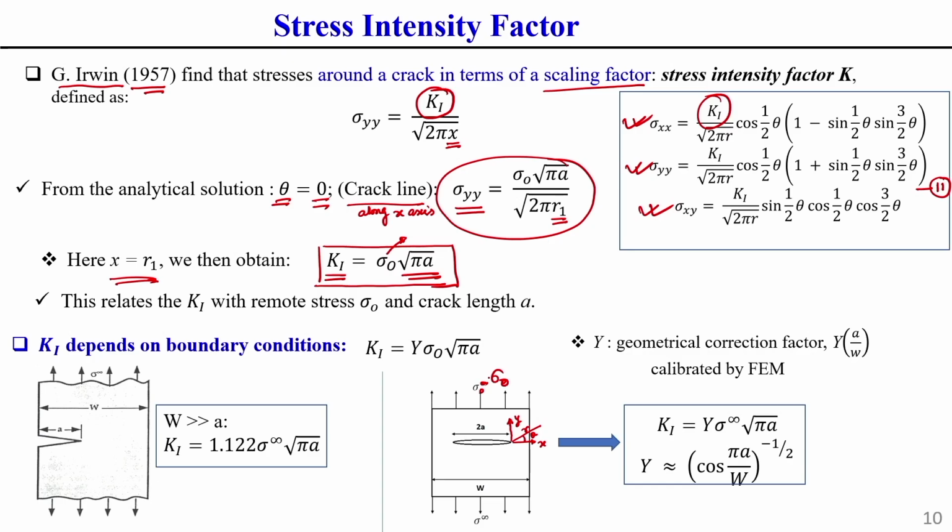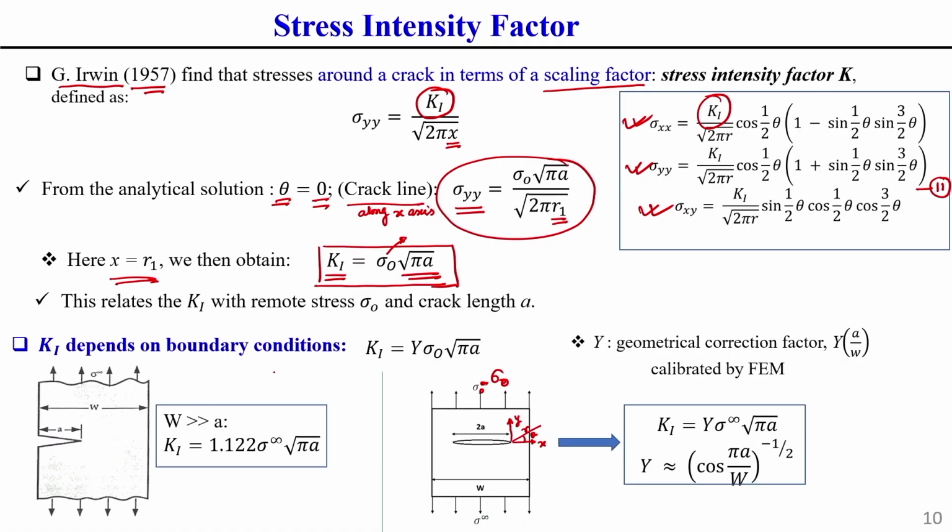Now, it is observed that along the x axis K1 can be represented like this. So, this K1 depends on the geometry and the boundary condition of the crack surface, which you should keep in mind.